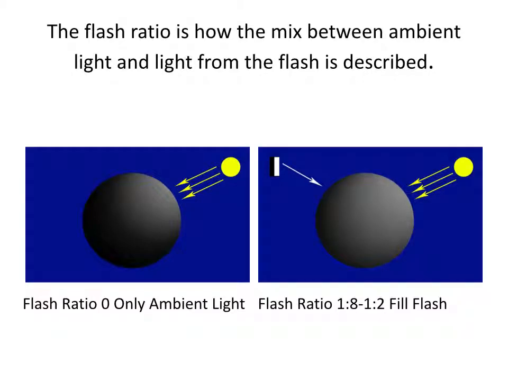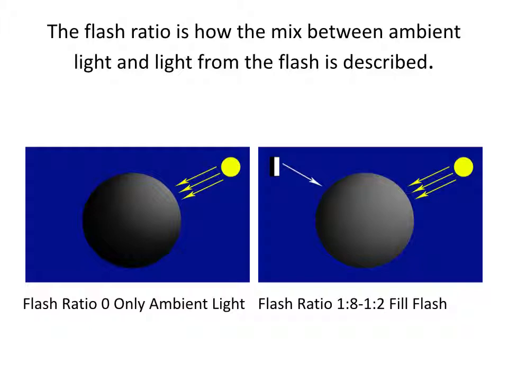So flash ratio, that is the mix between the ambient light and the light from the flash. And the weighting of flash or ambient light is described as a ratio. So the diagrams shown in this slide show a flash ratio of 0, which is basically only ambient light lighting our subject.